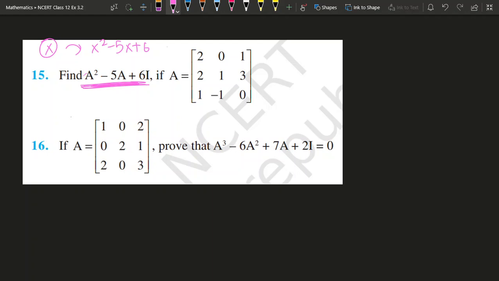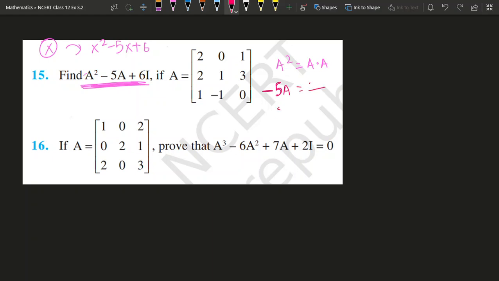So you would have computed A squared. A squared is just A times A. You'd have then multiplied it with 5. Then you would have tried out finding 5 times A, negative 5 times A, whatever that answer would be.